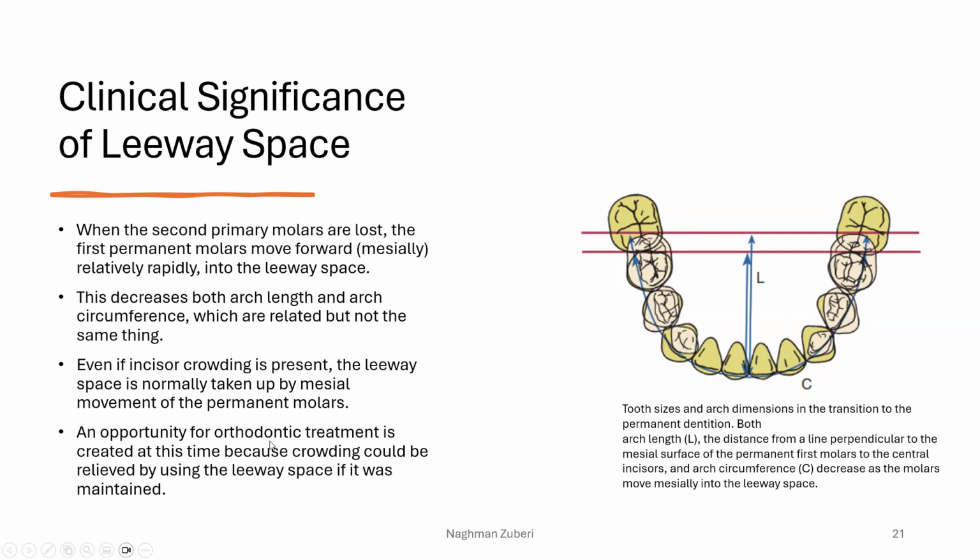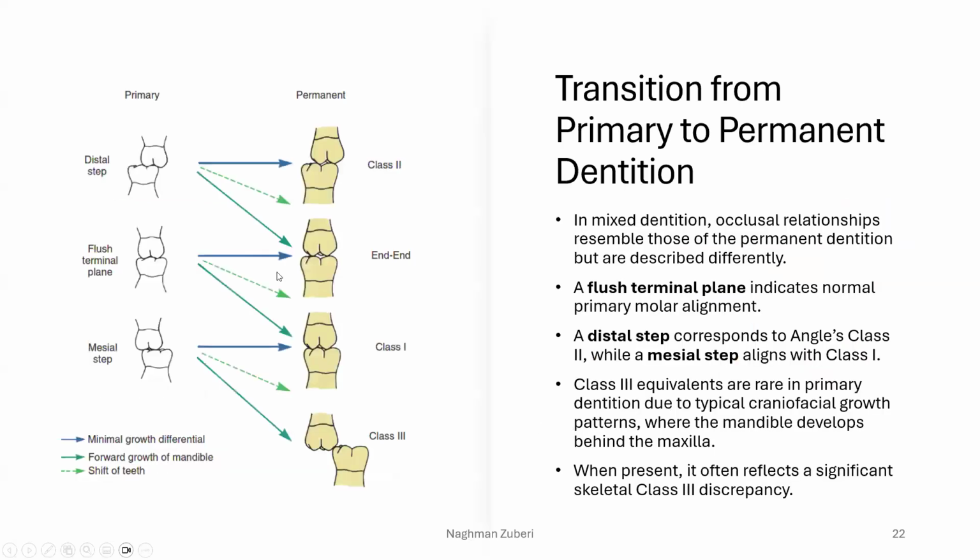An opportunity for orthodontic treatment is created at this time because crowding could be relieved by using leeway space if it was maintained. I told you in one of our lectures about the space management and about the serial extraction. Now, we are discussing this transition from primary to permanent dentition.